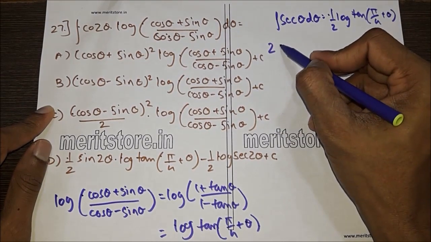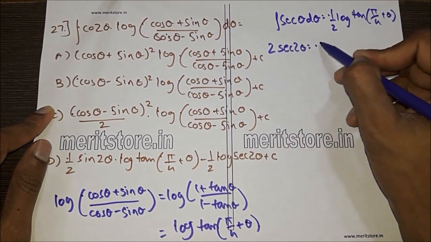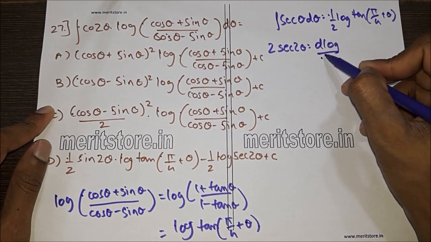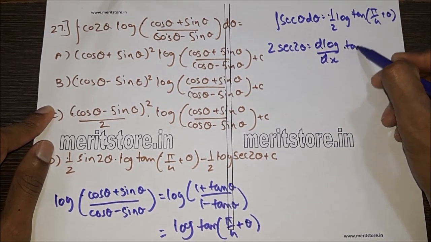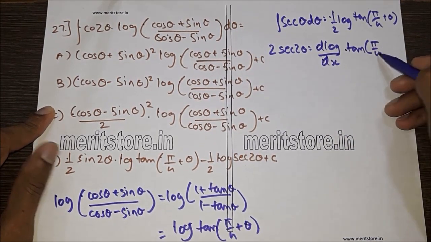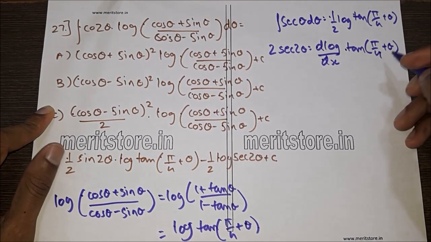So we can write 2 sec 2 theta equal to d by dx log tan pi by 4 plus theta.